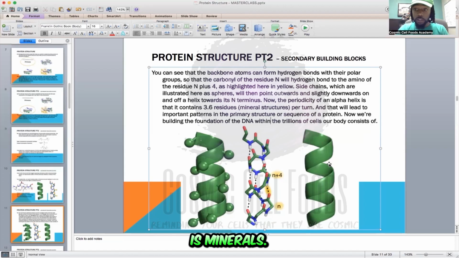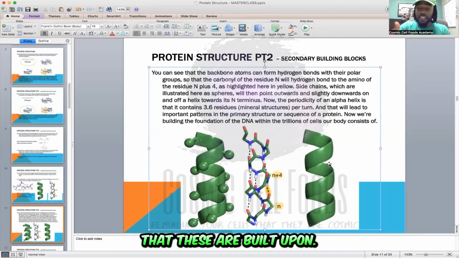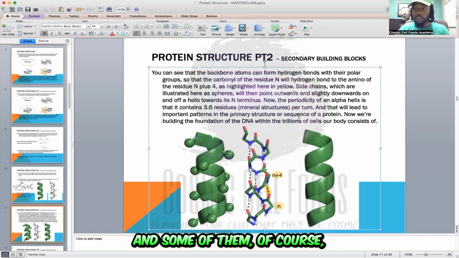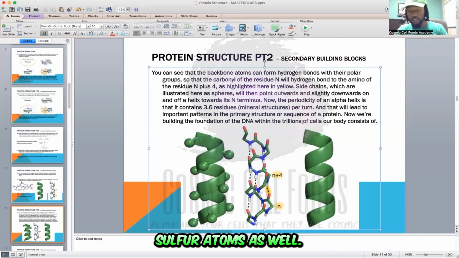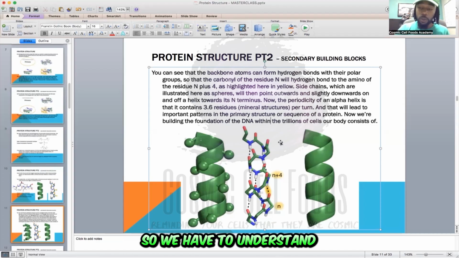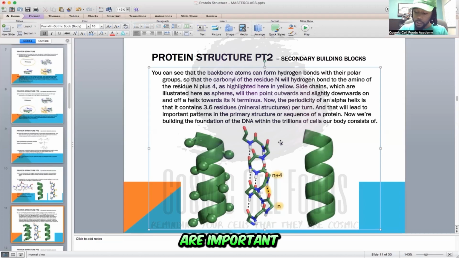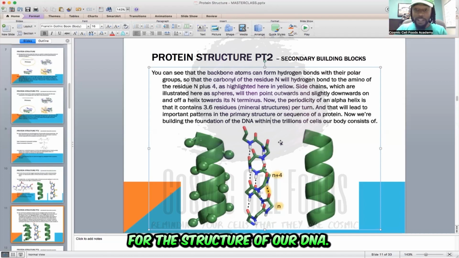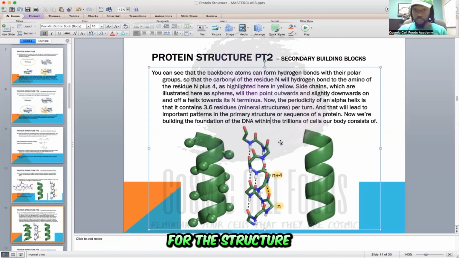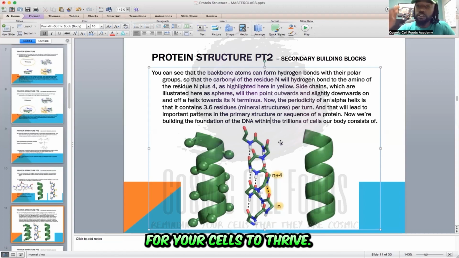It's minerals, it's hydrogen, oxygen, and nitrogen that these are built upon. And some of them, of course, contain sulfur atoms as well. So we have to understand that these mineral atoms, these mineral structures, are important for the structure of our DNA. It's important for the structure of our cells. Minerals and water are essential for you to thrive, for your cells to thrive.